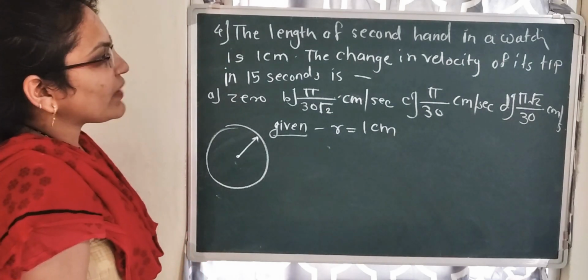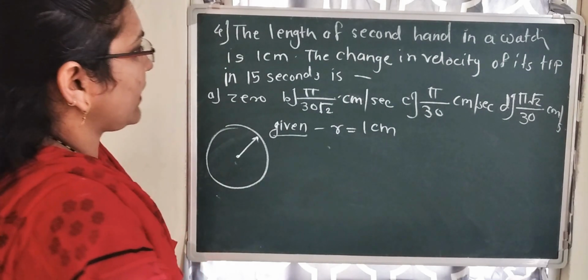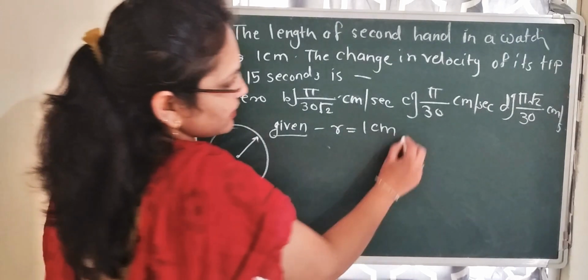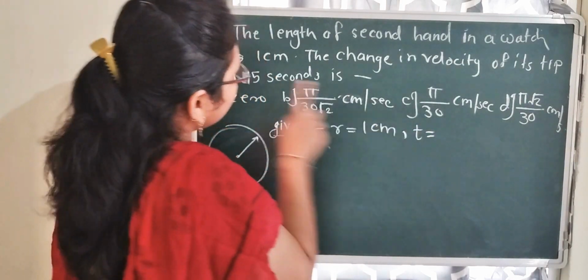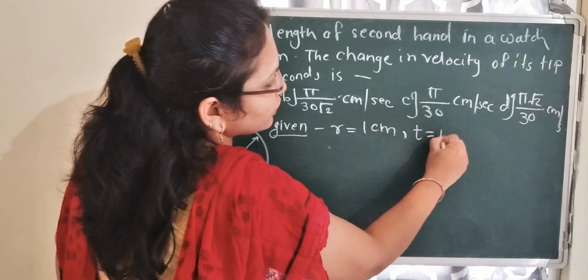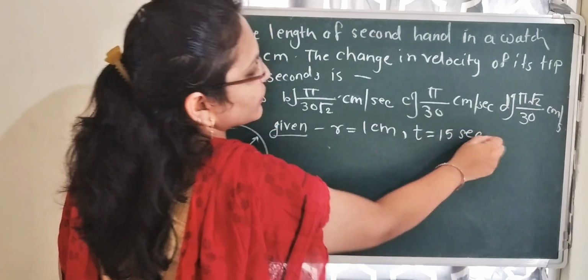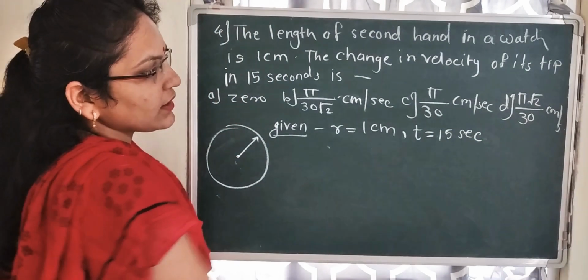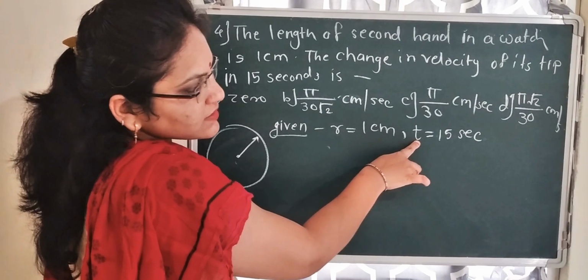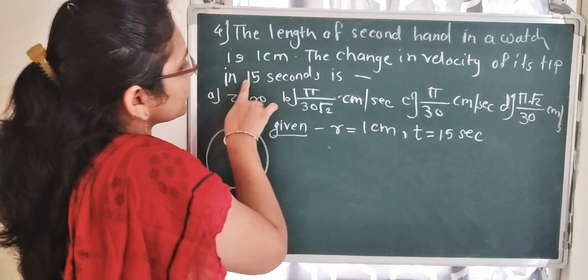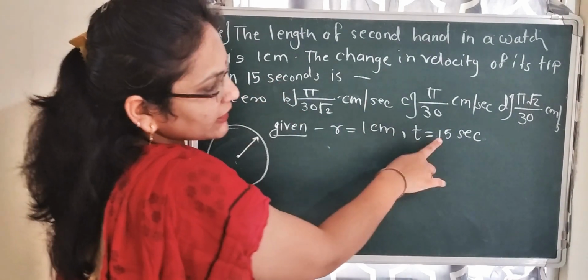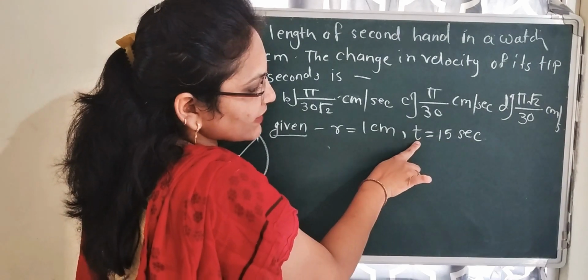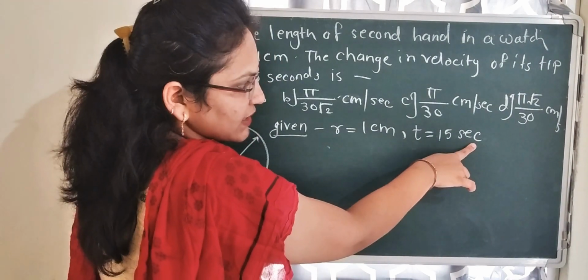The change in velocity of its tip in 15 seconds. So the time given is t equal to 15 seconds. Note that here I have written small t.